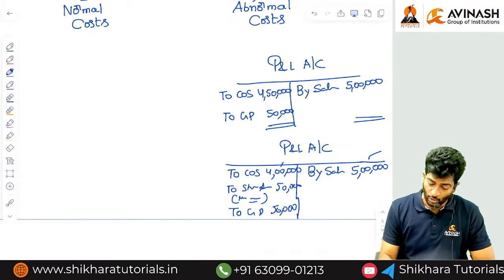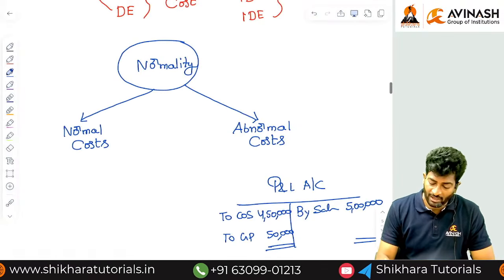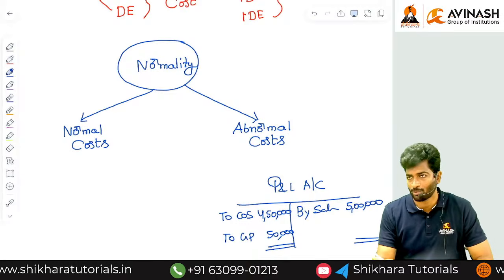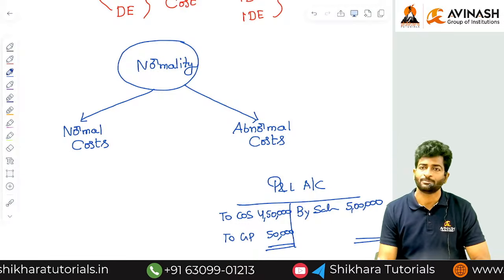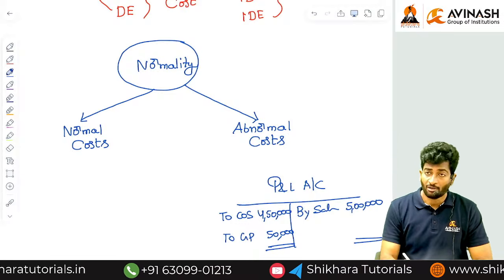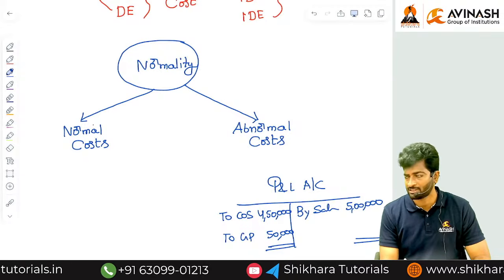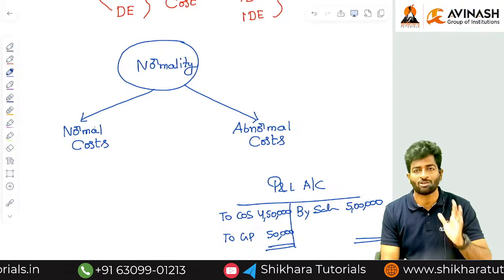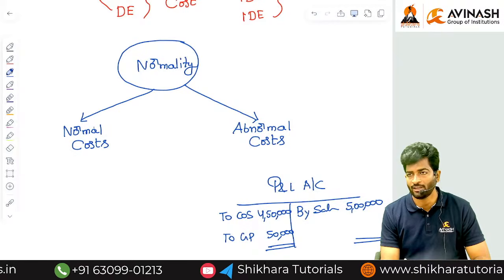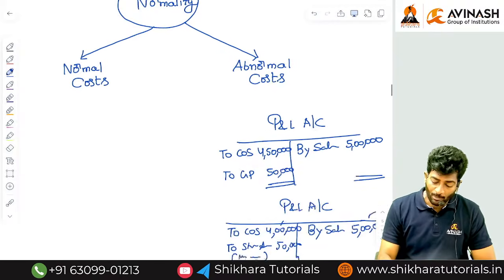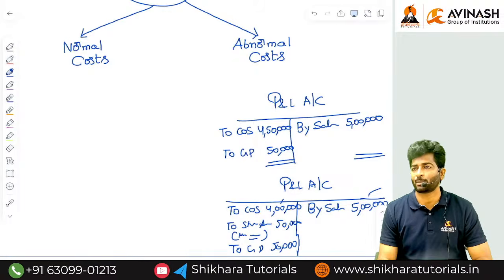Okay. So whenever you come across this abnormal scenario, charge it to costing P&L account. When an expense is incurred in the normal course of business, you can include it in cost of production. Abnormal means charge it to costing P&L account. Clear?